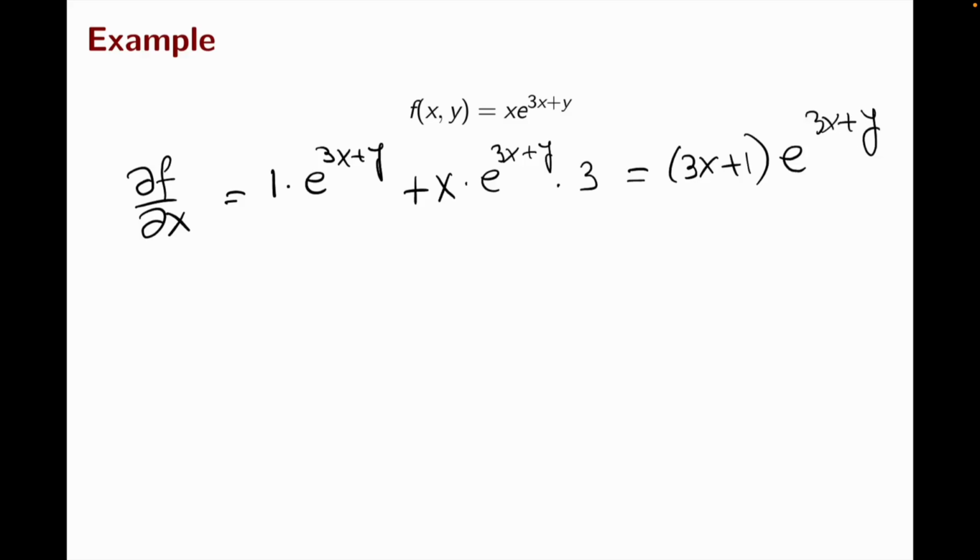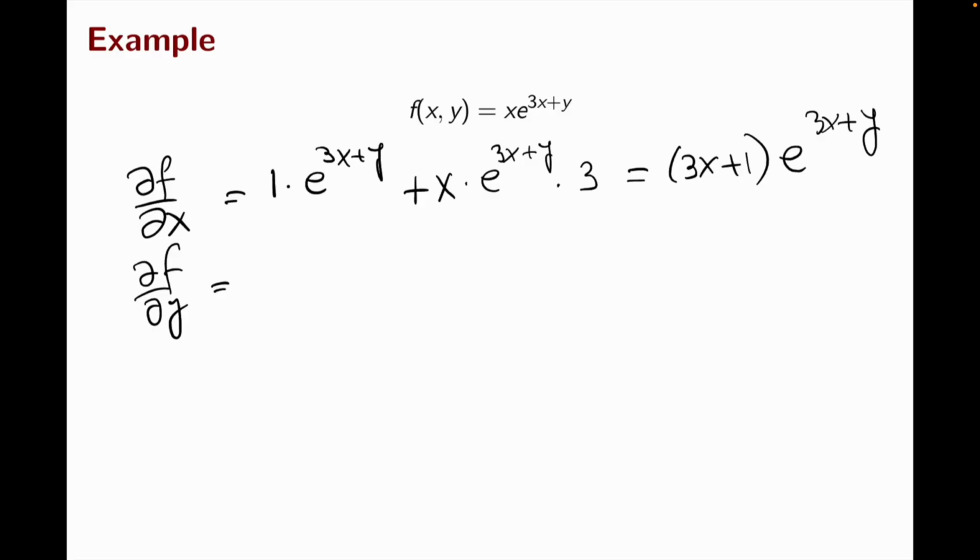Okay, and let's do now the derivative of f with respect to y. Observe that in order to calculate the derivative with respect to y, this variable here is a constant.